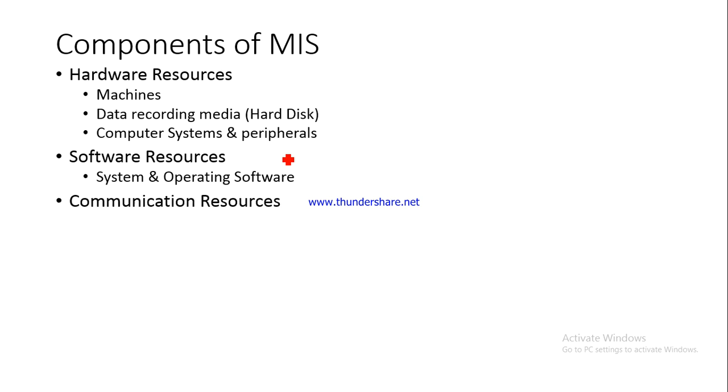Then the communication resources, which will connect two computer terminals located in the same office, or two computer terminals located in the same city but far away from each other, or communication between two different users sitting in different offices across the globe, in two different countries on the earth, right? So for them also we need communication resources. We will be talking about VSATs and modems.